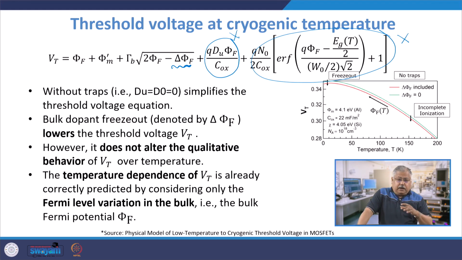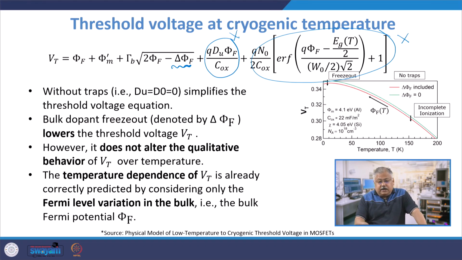Now, even if I insert the quantitative value of the traps or even the value of del phi f, the qualitative nature of variation of threshold voltage with temperature does not vary. So, if you look at the right hand side diagram here, we are plotting Vt, the threshold voltage, with respect to temperature, taking into consideration two things.